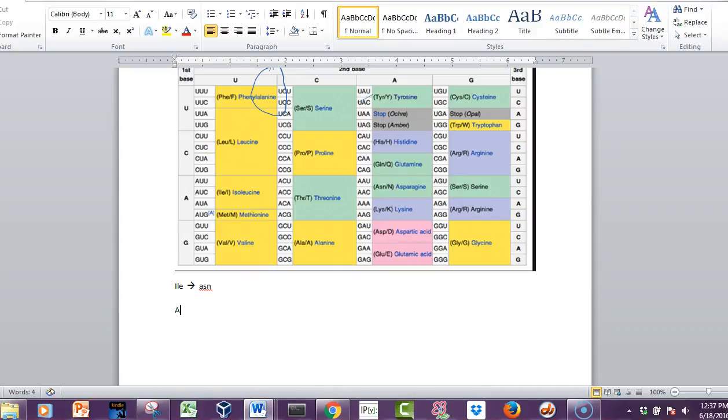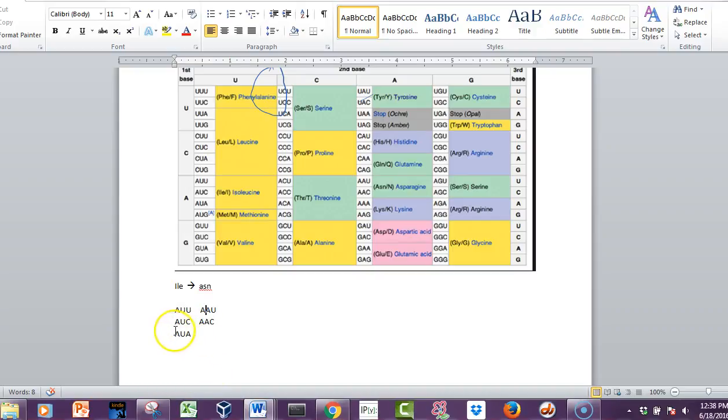So isoleucine is AUU, AUC, AUA. And asparagine, I think we only had 2 of those, AAU and AAC. If we took this AUU and changed that middle one from a U to an A, we would change it.